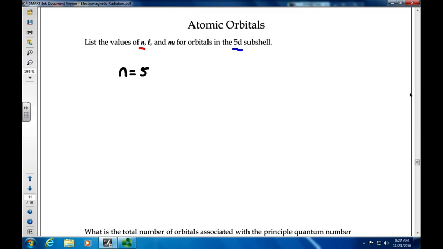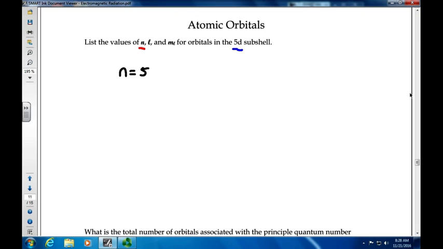Well, 0 is your s orbital quantum number. It's the s subshell. p is denoted as 1, d is denoted as 2, and f is denoted as 3.